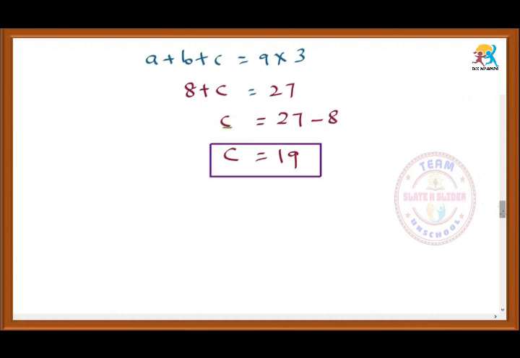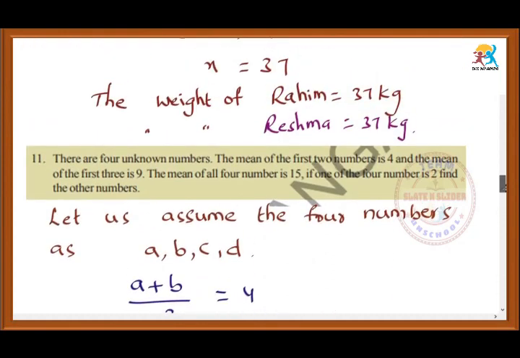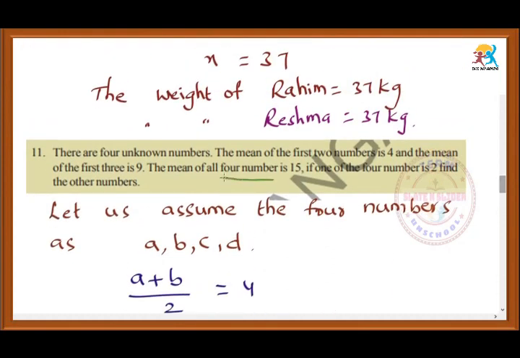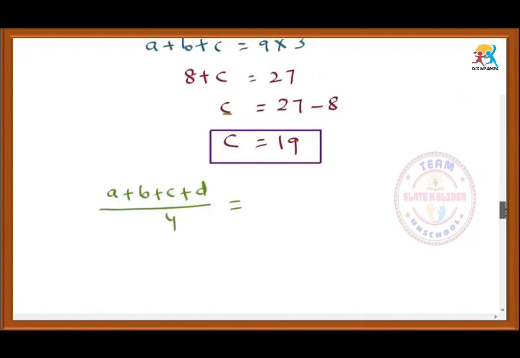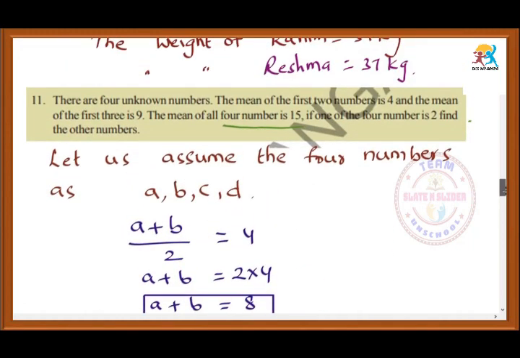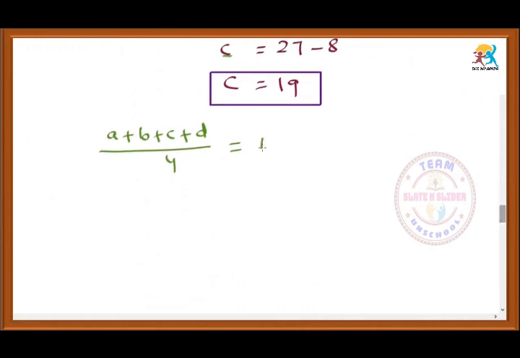And next condition, the mean of all 4 numbers is 15. That means (A plus B plus C plus D) by 4 is equal to 15. So A plus B plus C plus D is equal to 15 into 4, that will be 60.